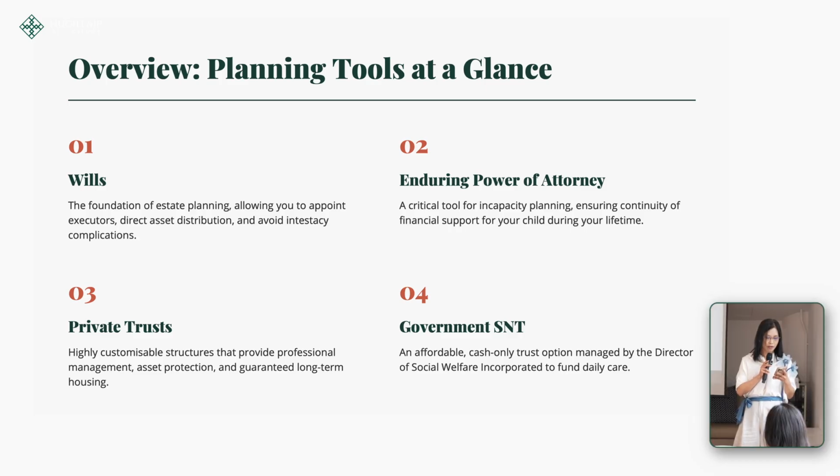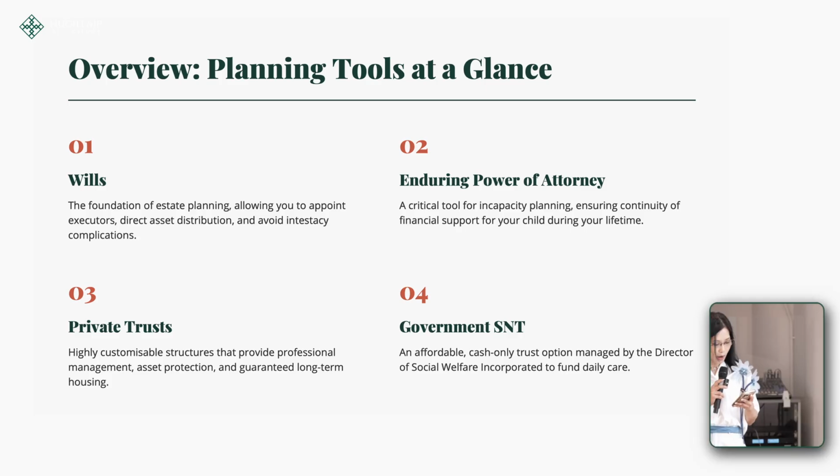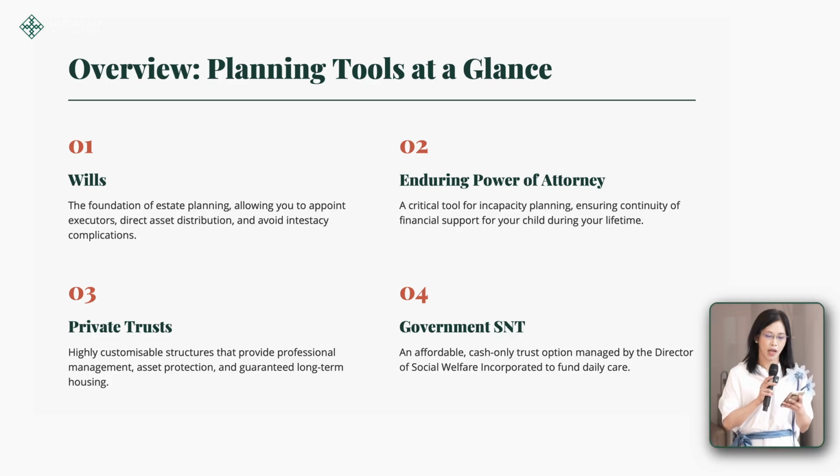And it makes sure that the bills continue to be paid, care continues to be funded, and properties continue to be managed, even if you yourself are no longer able to do it or make decisions during your mental incapacity. The third thing is the private trust. It is a more flexible and customized way out of the 4, I would say.